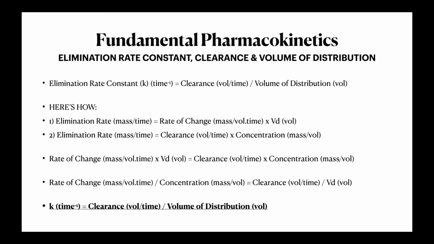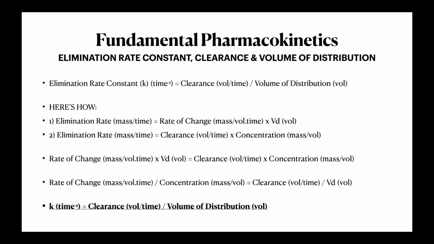We know that the elimination rate equals the rate of change multiplied by your volume of distribution. And we also know that your elimination rate equals your clearance multiplied by concentration. So if you have equations 1 and 2 equal each other, you've got the rate of change multiplied by the volume of distribution equals clearance times concentration.